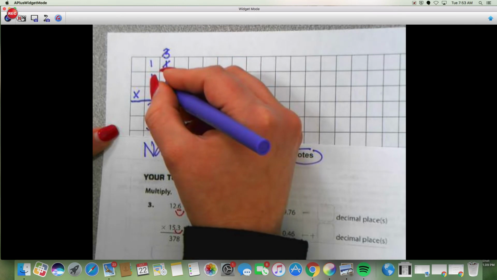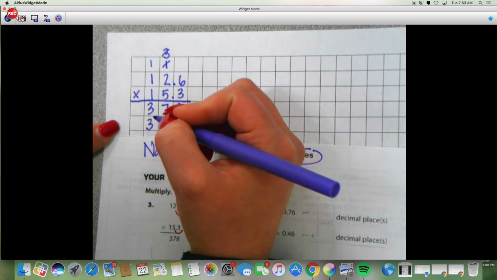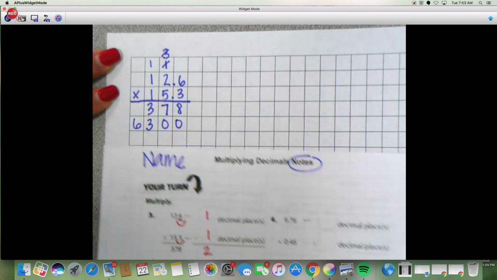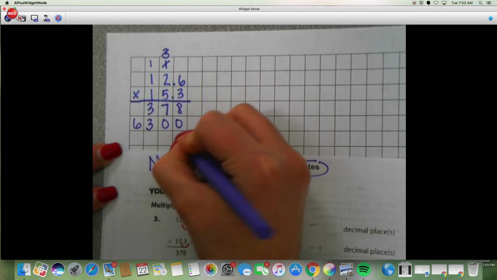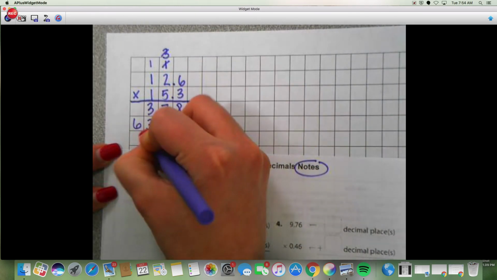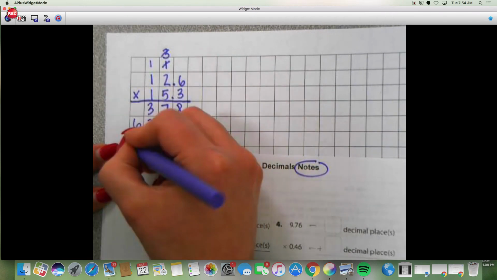And 5 times 1 is 5, plus that 1 is going to be 6. Now I can come down here to my last place value, add my 2 zeros. And 1 times 6 is 6. 1 times 2 is 2. And 1 times 1 is 1.